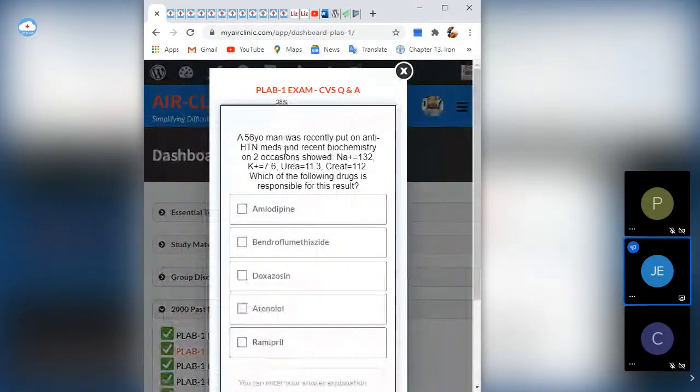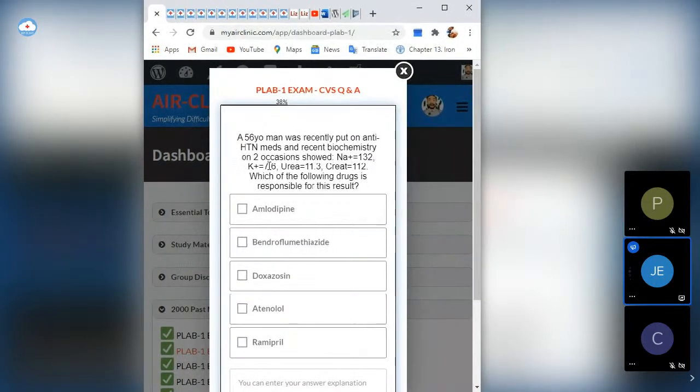So we saw sodium of 132 and the normal value is 135 to 145, so this is slightly low, a slight hyponatremia. Then potassium of 7.6 is a hyperkalemia, because the normal is 3.5 to 5.0.